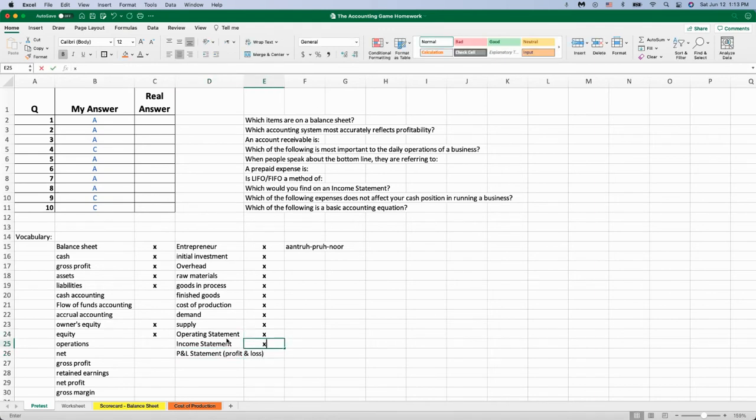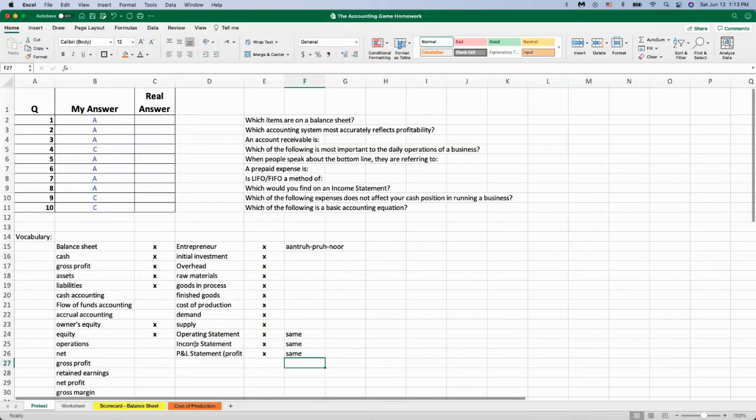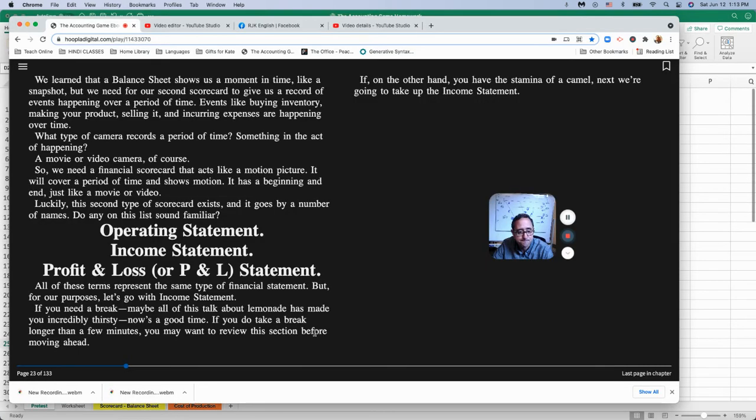Okay, so we know these are all the same. All of these terms represent the same type of financial statement, but for our purposes, let's go with income statement. That's what we're going to call it, right? That's our main one that we're going to use, income statement.